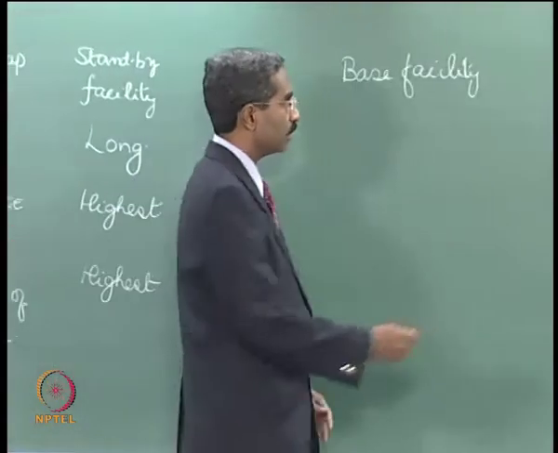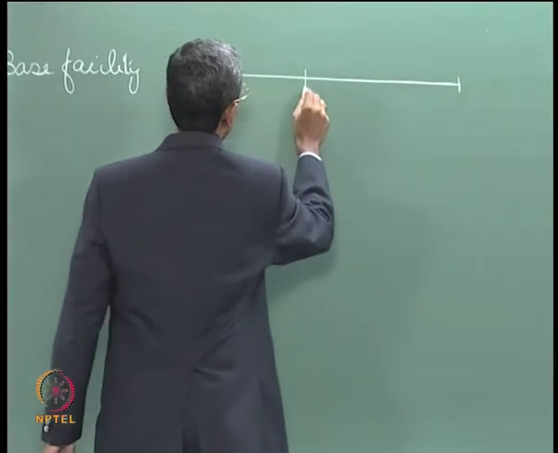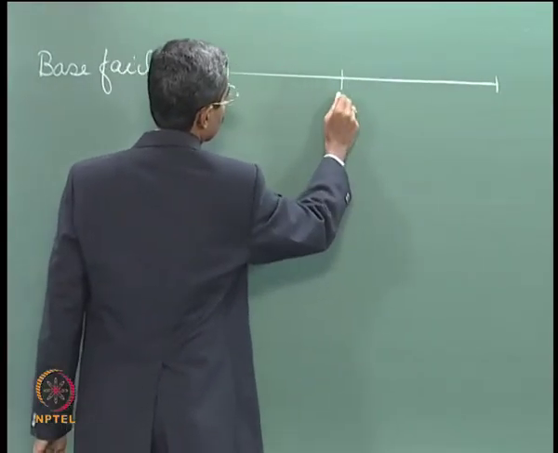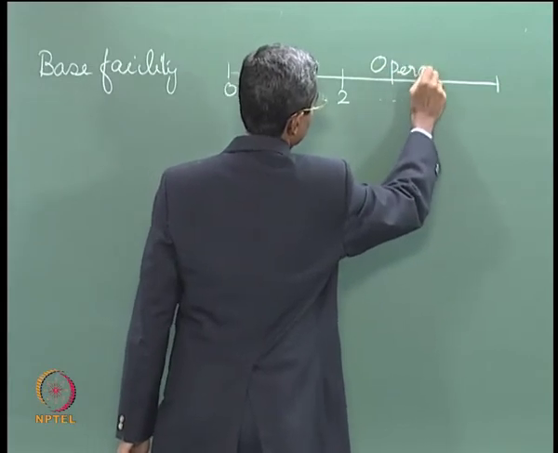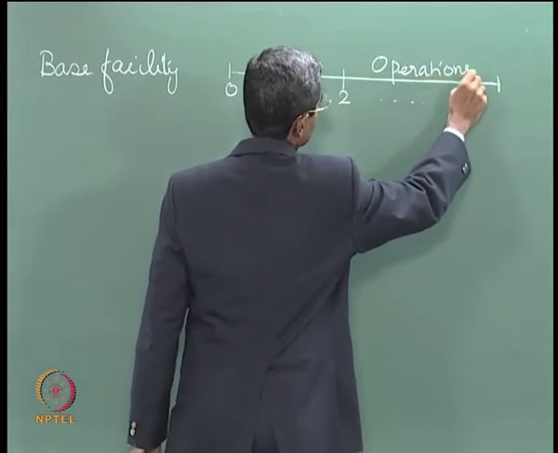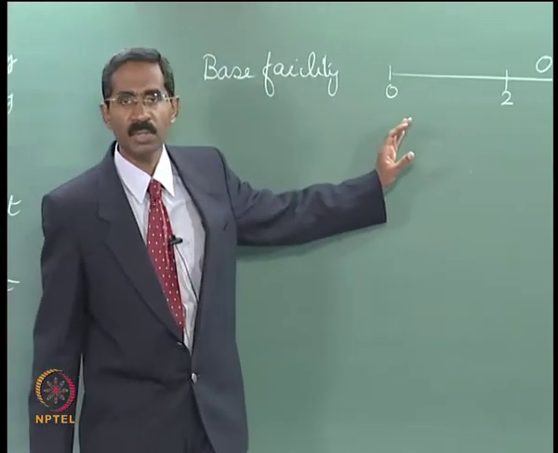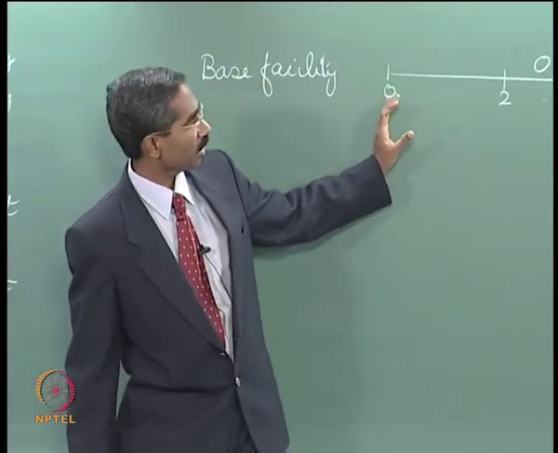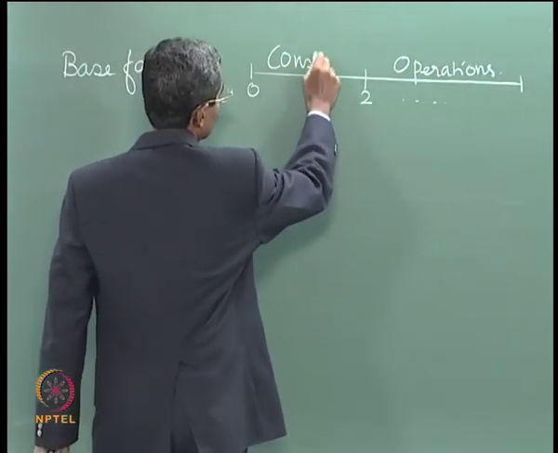Let us say for example the base facility is utilized, this is year 0, this is year 2, this is when the project begins operations. So the withdrawal of the base facility happens during the project construction phase, let us say from 0 to 2 years.